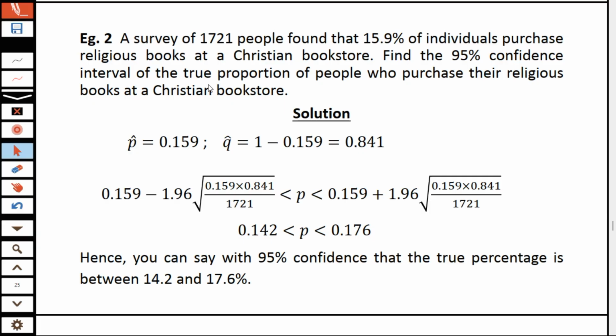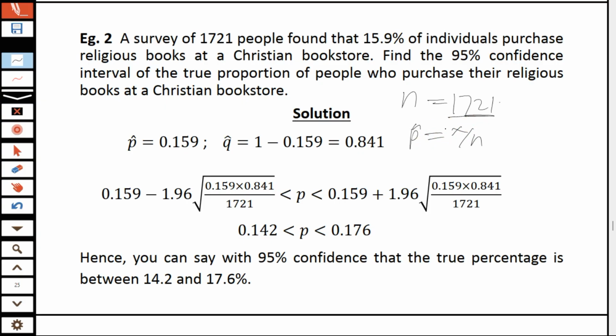So here, as we did in our previous video, our n is 1,721. But note, we know that our p hat is x divided by n.